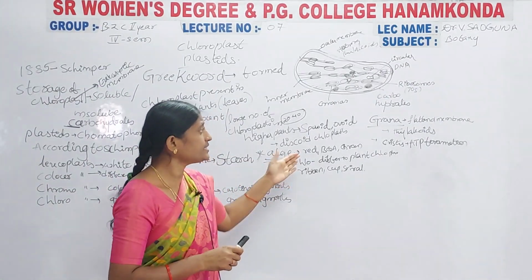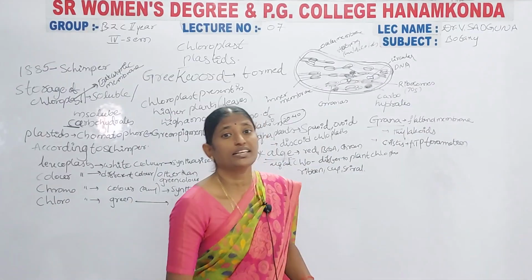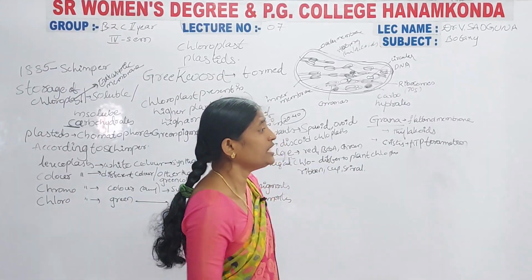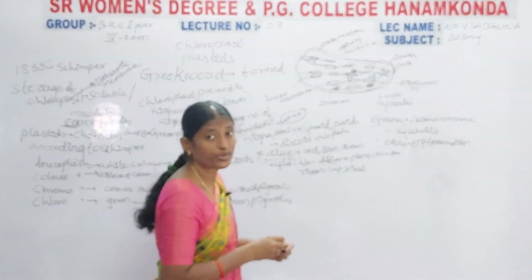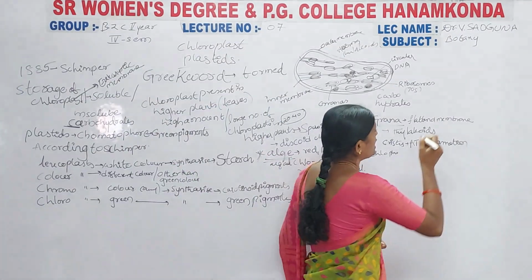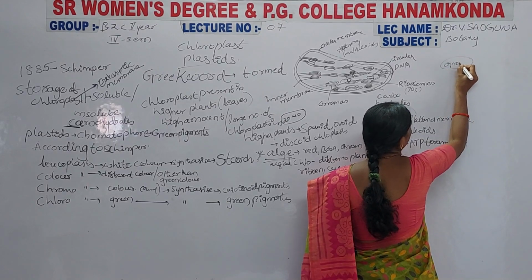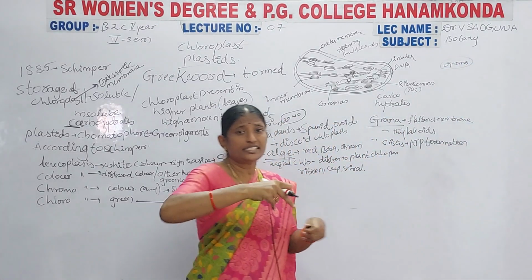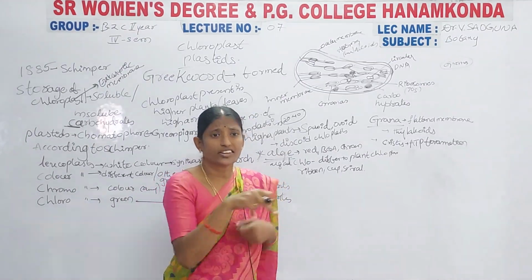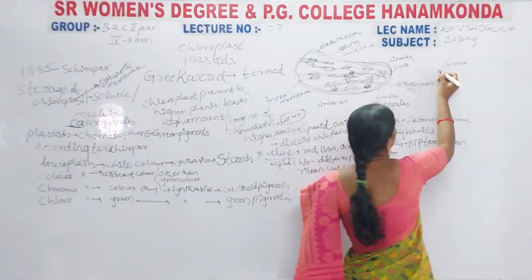So the grana has different types of structures. For example, individually we observe the grana structures. For example, this one is the grana. This is a flat-ended, circular type of structure.